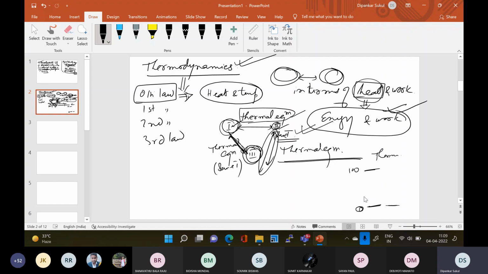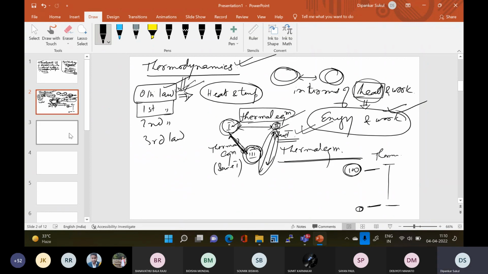And again, when the mercury bulb is in equilibrium with boiling water under atmospheric pressure, the column will rise and stand at a particular position, and we define it as 100. In that way, the thermometer has been devised following this 0th law.